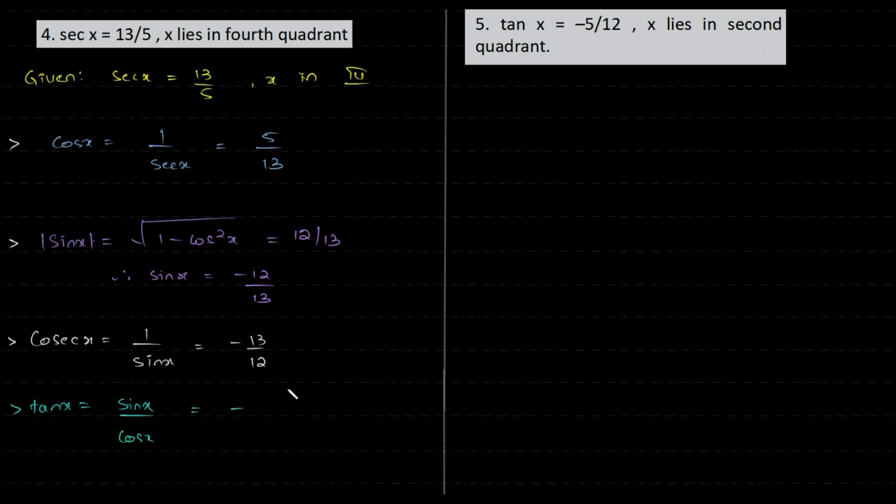So which is directly, I'll write it, minus 12 by 5, and so cot x is 1 by tan x, and so minus 5 by 12. Okay guys, and at last we have a similar value over here.